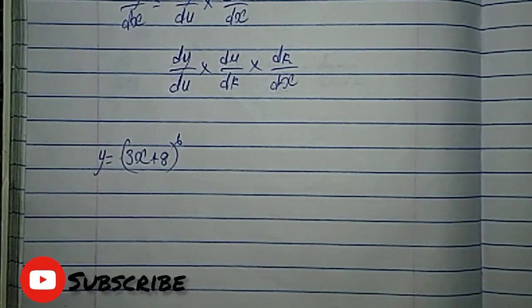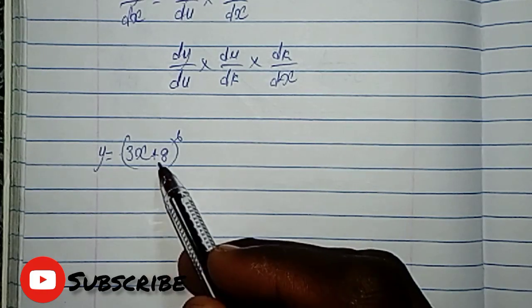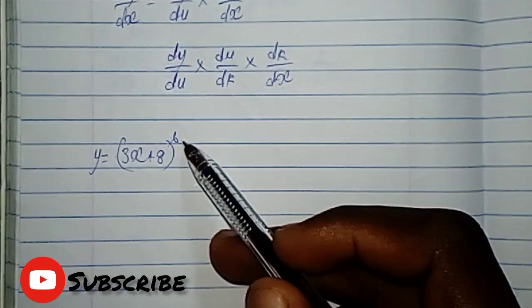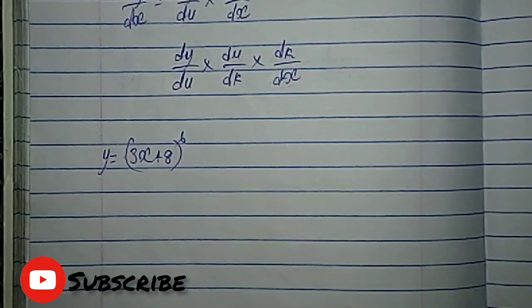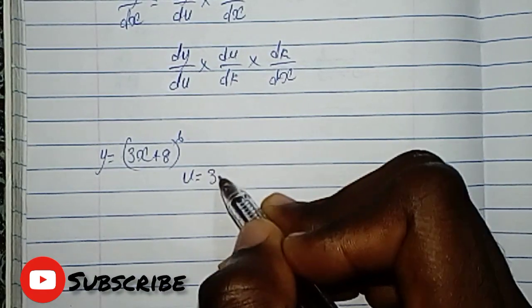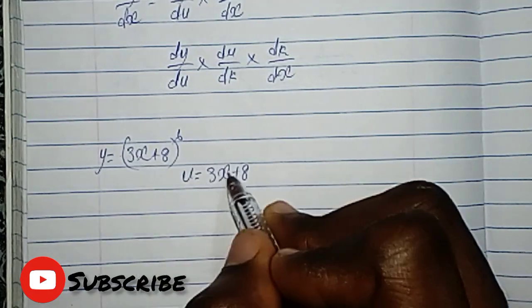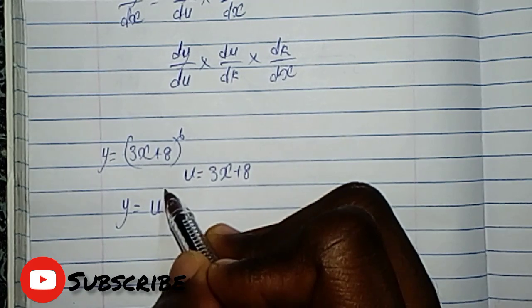And if that is not possible, we change 3x + 8 into a single variable so as to be able to subtract 1 from the power and multiply at the back of that variable. You get? So now let's say u equals 3x + 8. Now changing this to u, we say y equals u raised to the power of 6.